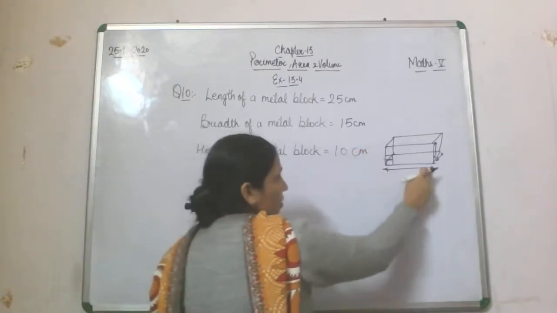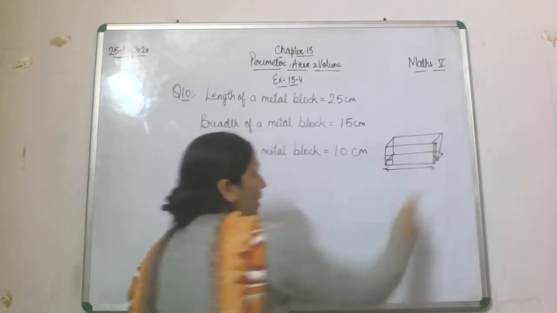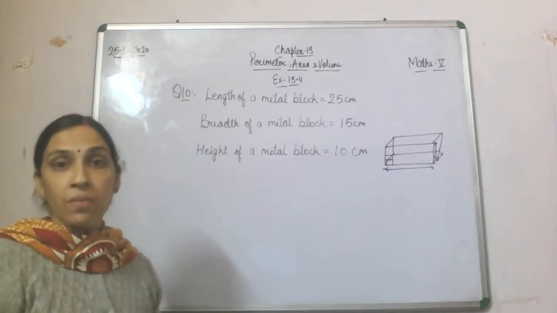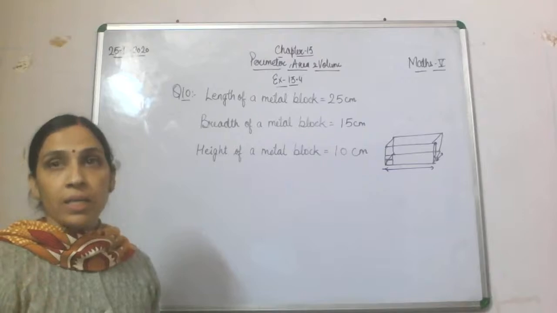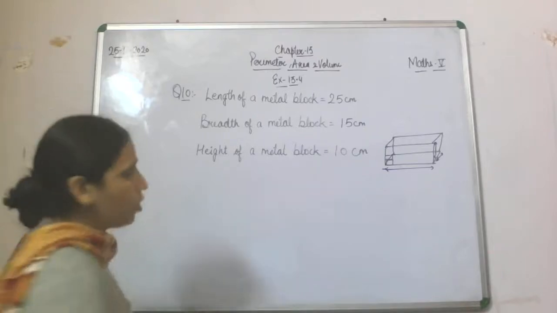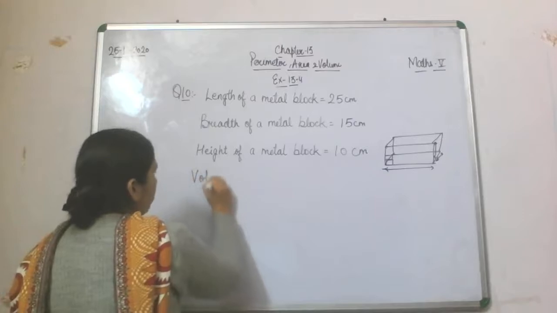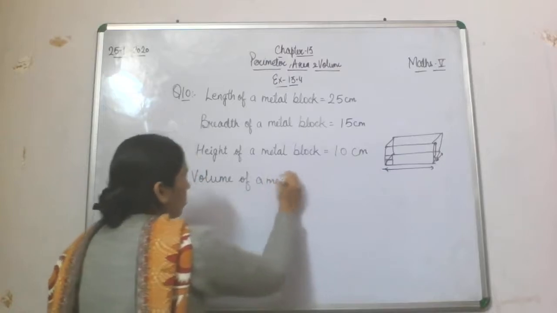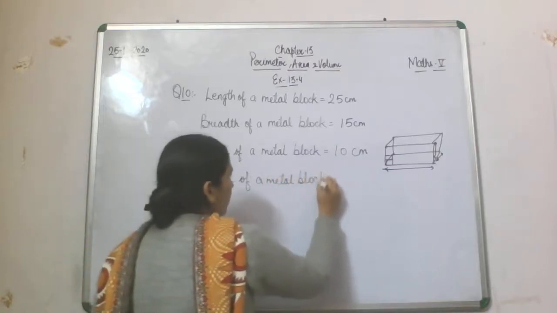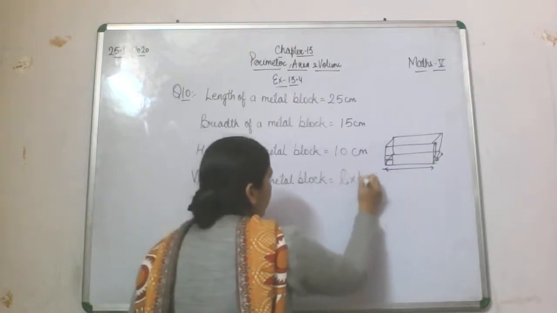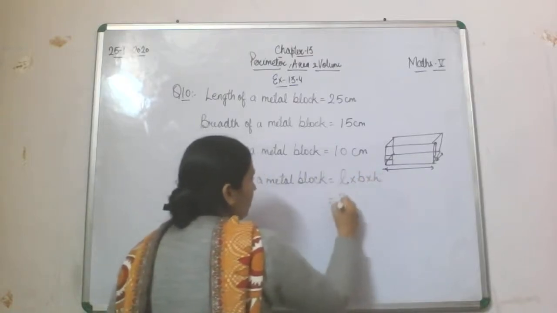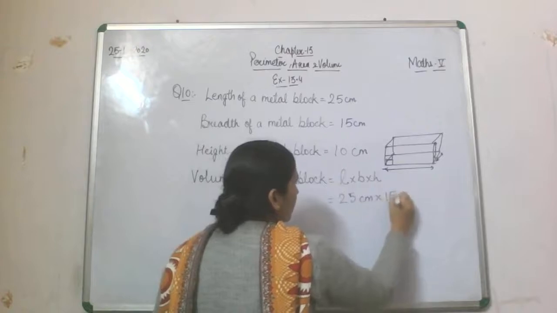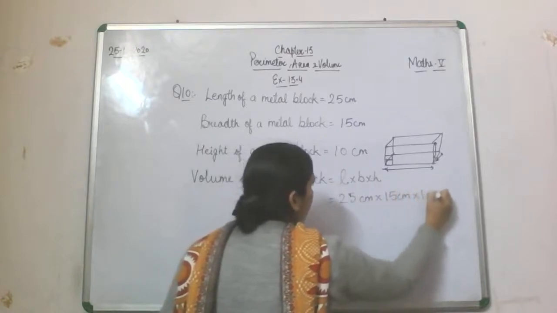So now the length, breadth and height of that metal block are given to you. Out of that, we need to find how many cubical blocks with side 5 centimeter can be made. First of all, we find the volume of the metal block. That is L into B into H. So we write 25 centimeter multiplied by 15 centimeter multiplied by 10 centimeter.